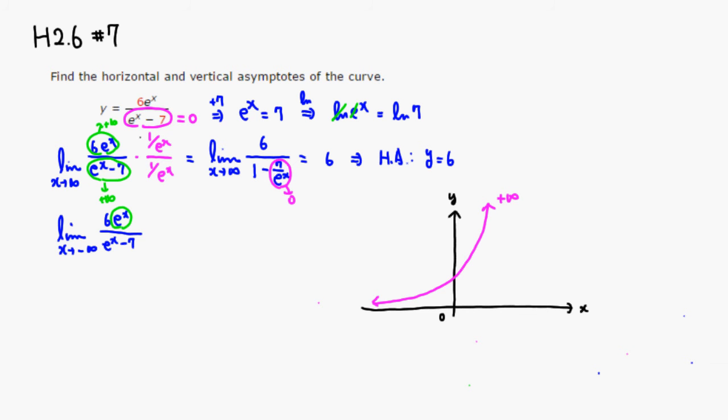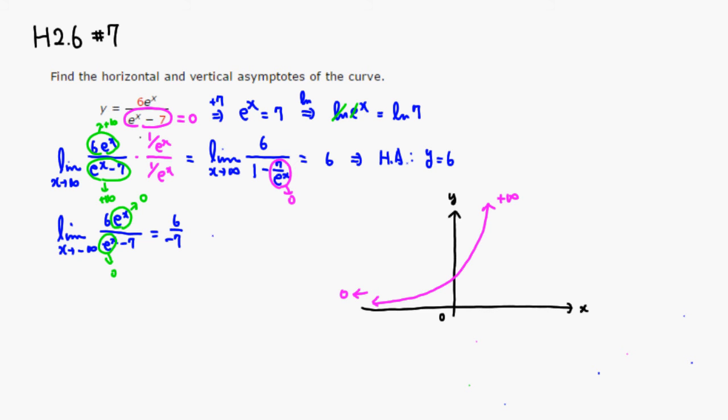But if you go to negative infinity, you can see that the function value e^x approaches 0, because it's getting closer to the x-axis. So the numerator is going to approach 0, and also the e^x in the denominator is going to approach 0. Therefore, we have 6 over negative 7.